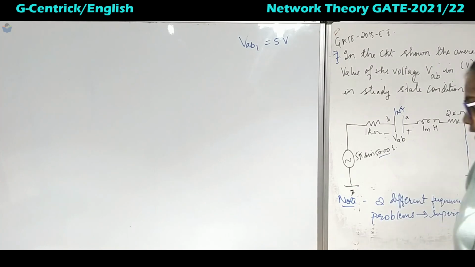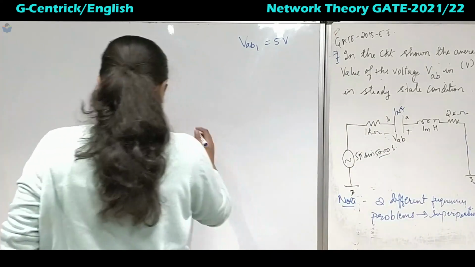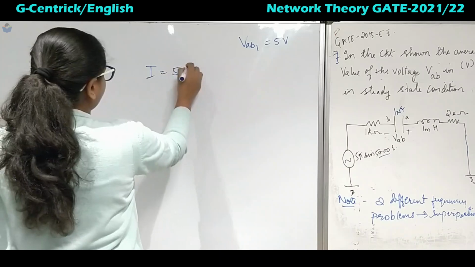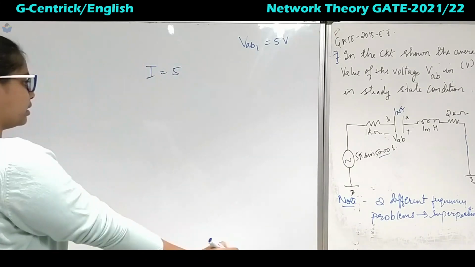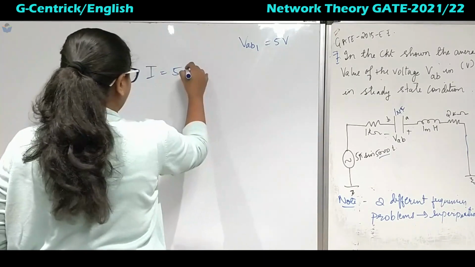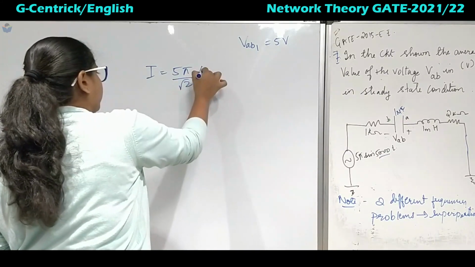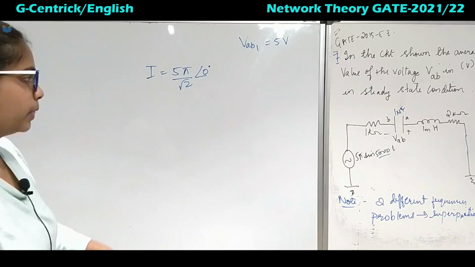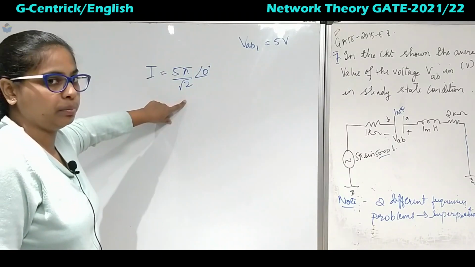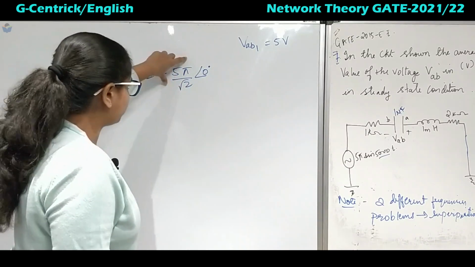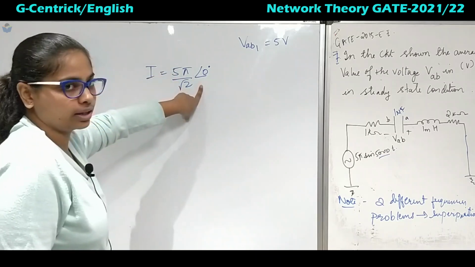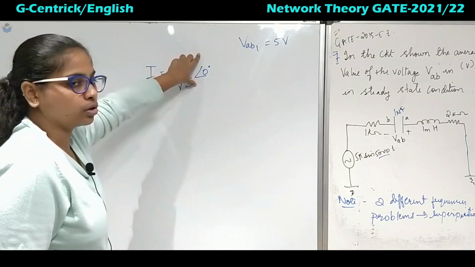How do you find the current in the circuit? Okay, so it is first the RMS value. It is nothing but 5 pi by root 2 angle 0 degree, that is we are taking V by total impedance. So this is 5 pi by root 2 into 0 degree, the RMS, in terms of polar form.